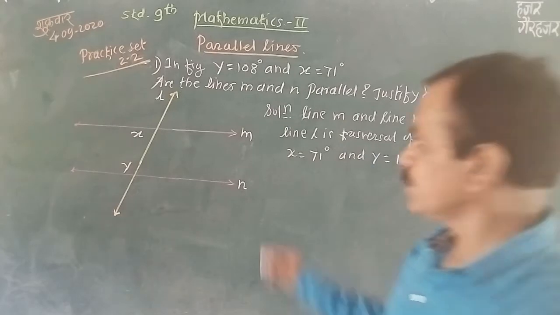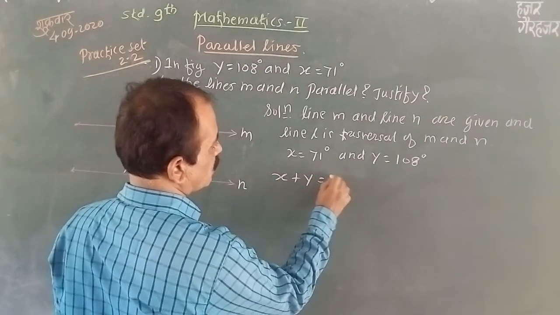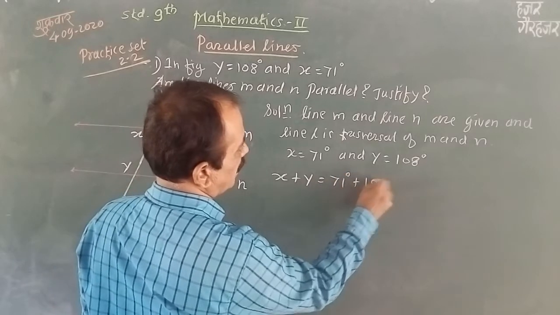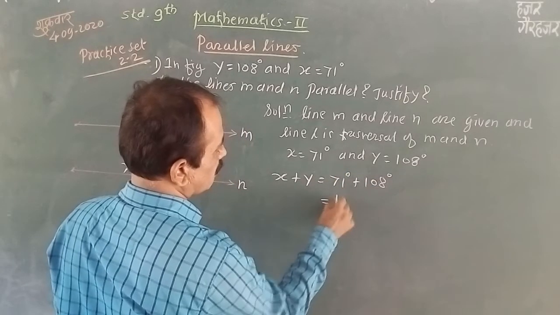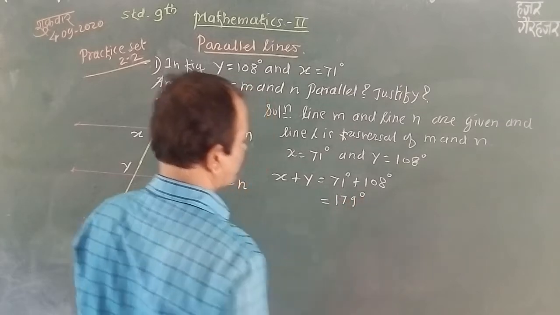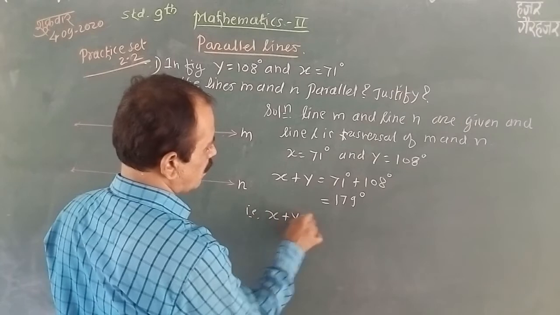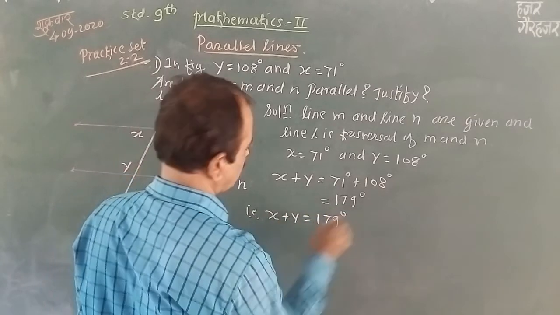Now we write x plus y is equal to 71 degrees plus 108 degrees, which is equal to 179 degrees. That is, x plus y is equal to 179 degrees.